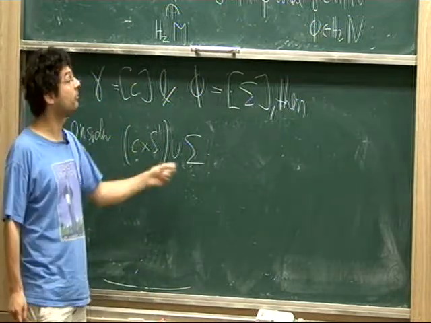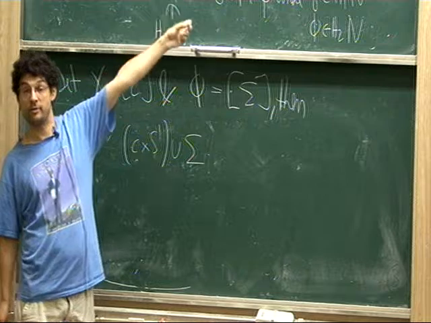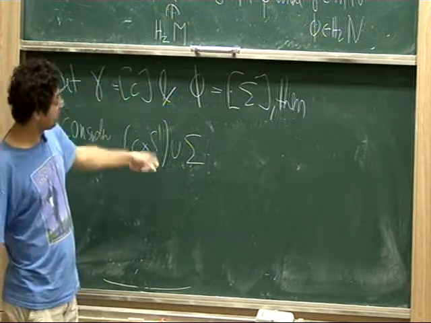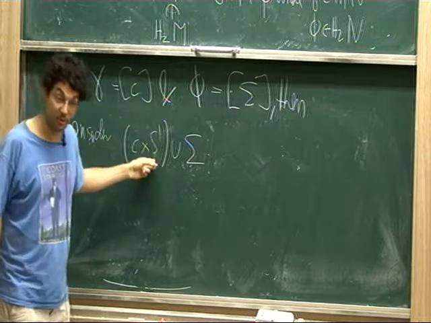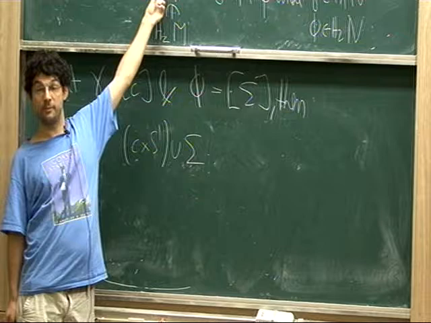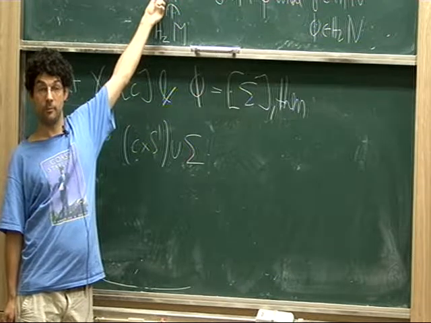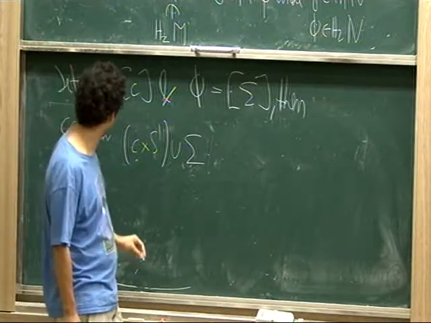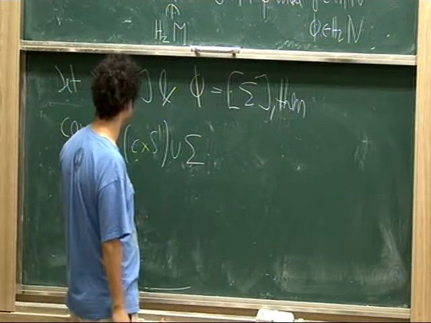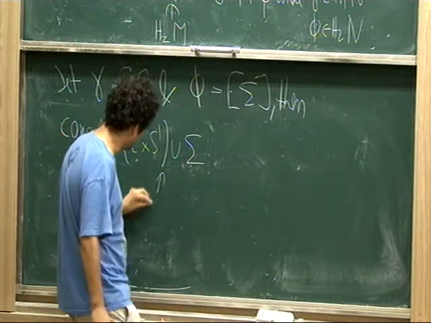That is a surface in S^1 times N. And basically Künneth says that this represents my original class C.